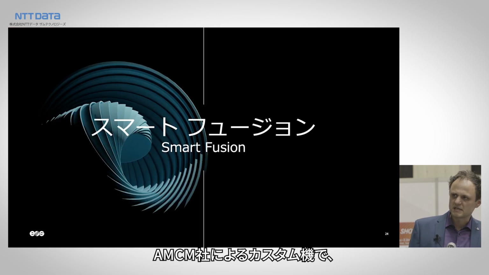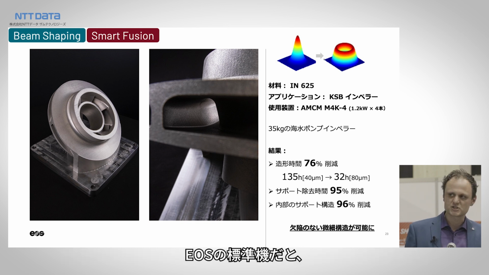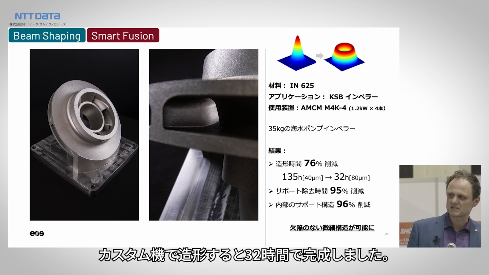Another example here is a case that we have simulated only with KSB. It was printed on a standard machine, but using an AMCM NFX machine, you would be able to print this Inconel impeller with 400 millimeters in diameter in about 32 hours instead of 135 hours.